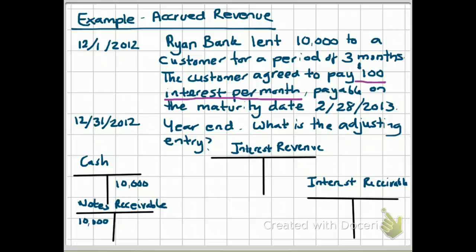So now, what's your journal entry? You are going to debit interest receivable for $100 and credit interest revenue for $100. That is an example of accrued revenue. Accrued revenue, again, is when we have earned revenue, however, we have not received it.